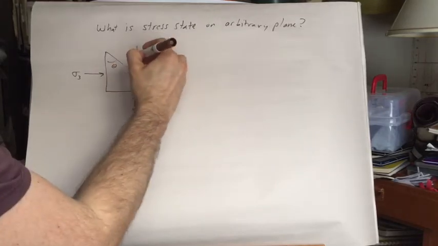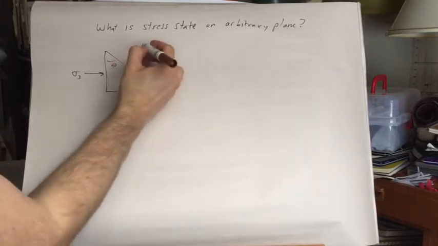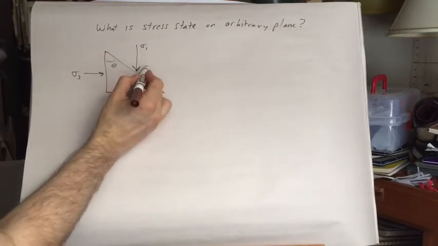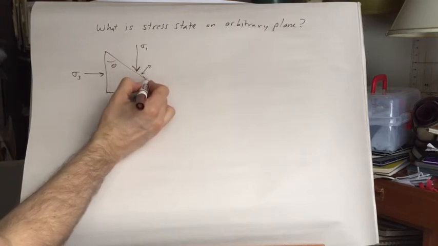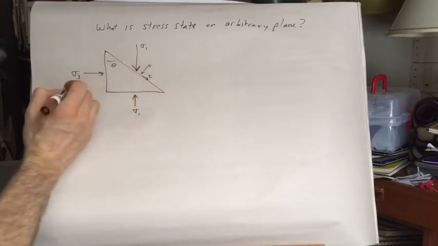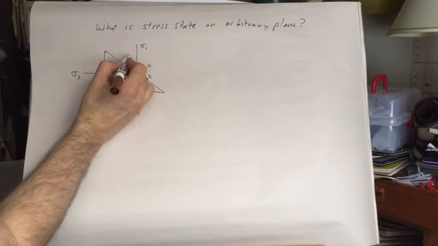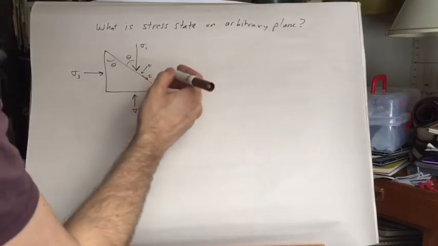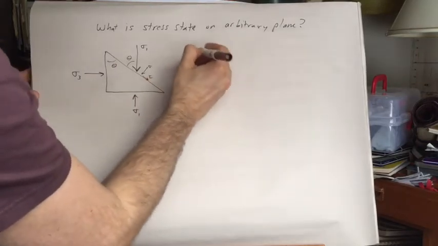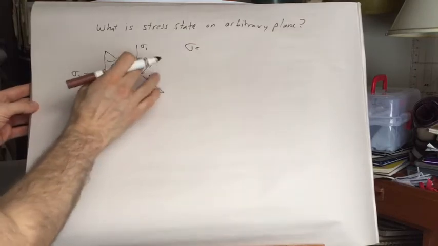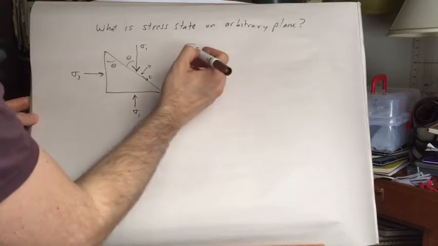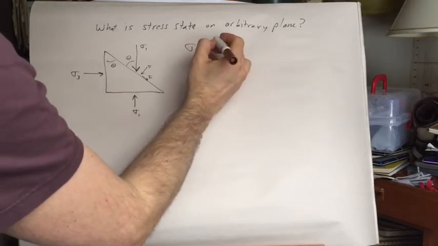So we could think about this plane experiencing sigma 1, right? But we could break that down into sigma and tau, normal stress and shear stress, and that angle also is going to be theta. There are some nifty equations that describe the stress state on that surface in terms of the angles and the principal stresses.